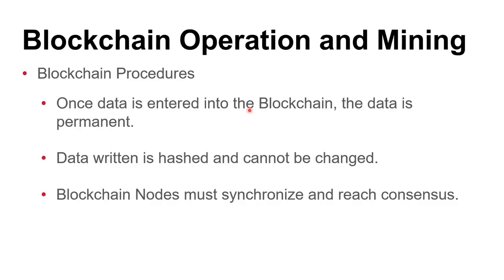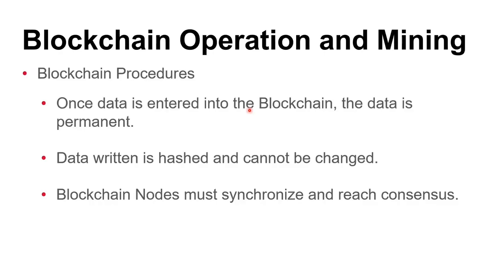So once data is entered into the blockchain, it is permanent. That is one of the key reasons why blockchains are useful: the entire blockchain is permanent and cannot be changed. Written data is hashed and cannot be changed. We saw an example that hashes are very sensitive to changes.